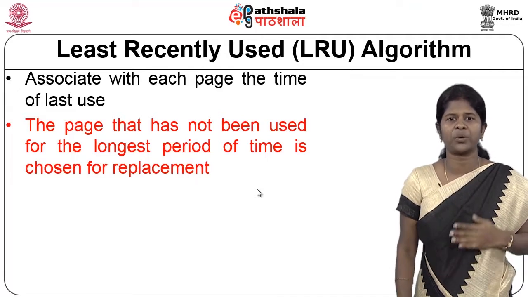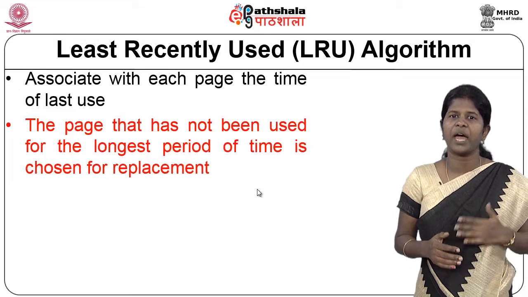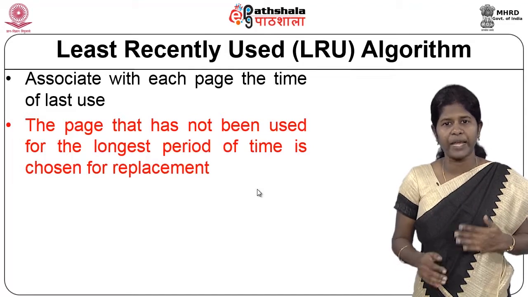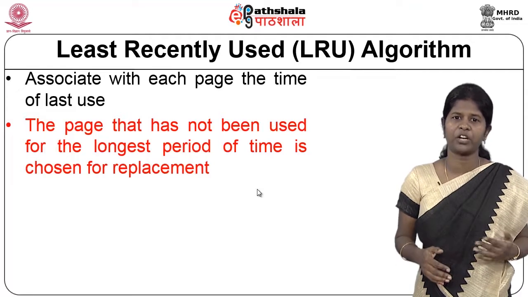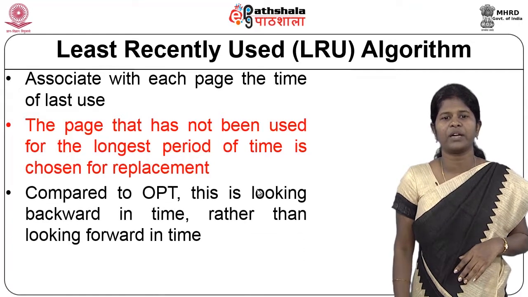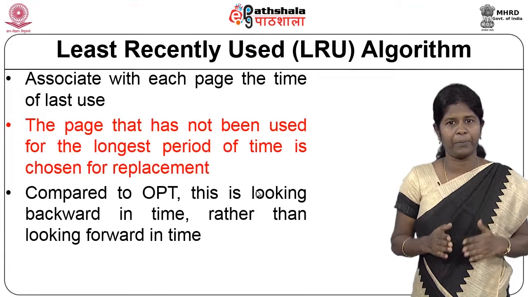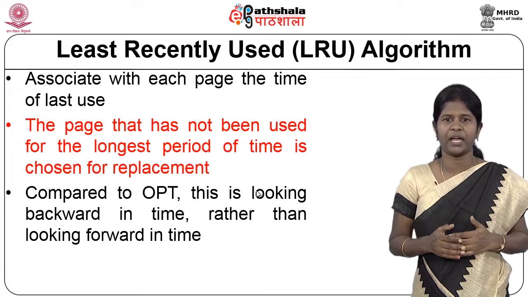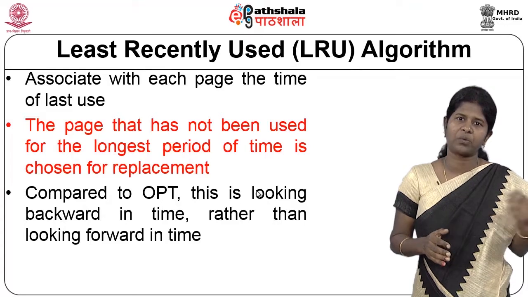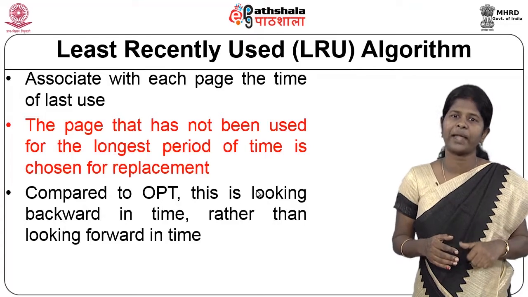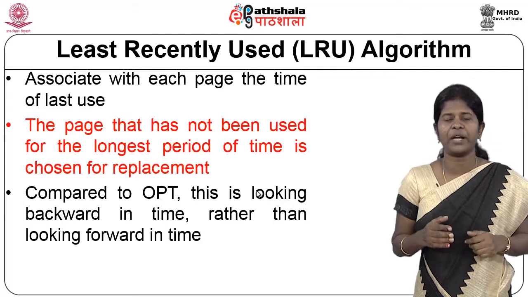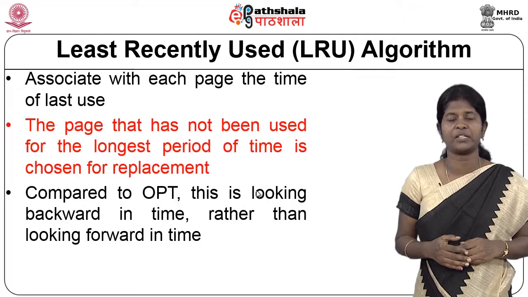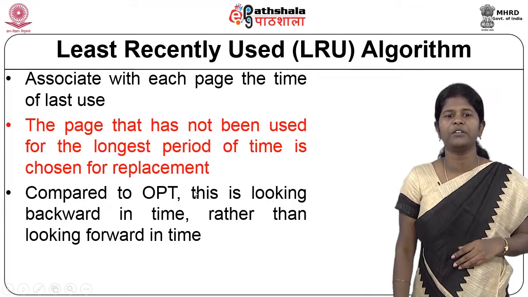And from that you can understand which page has not been used for a long amount of time, and the page that has not been used for the longest period of time is chosen for replacement. So, when you compare this to the optimal page replacement algorithm, you find that in this case you are looking backward in time, that is, you look at what happened in the past, but in the optimal algorithm you have to look forward in time, that is, you need to look at what will happen in the future.